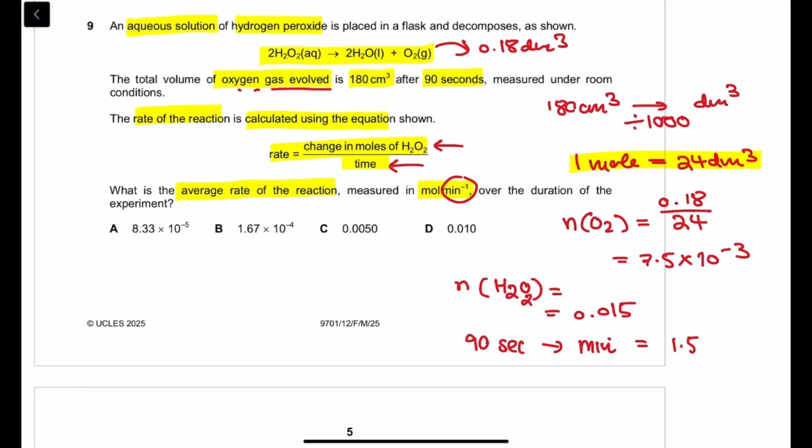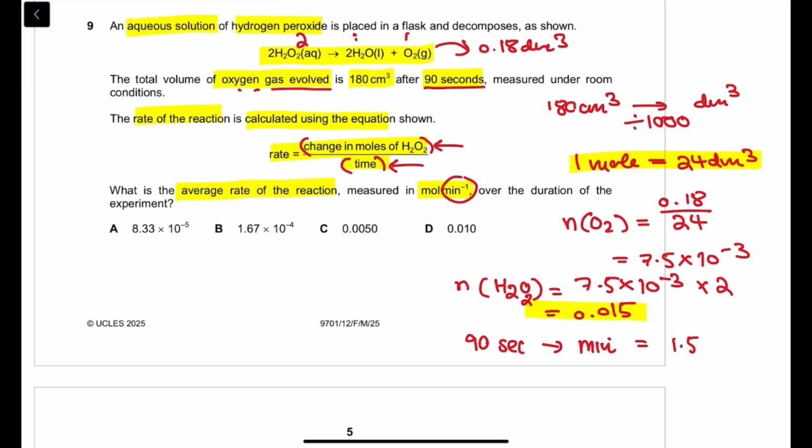So the moles of hydrogen peroxide are going to be double that because they are in a 1:2 molar ratio. So 7.5 times 10 to the negative 3 times 2 gives us 0.015. And now we have the moles, and we need the time. Time is given to us in seconds.